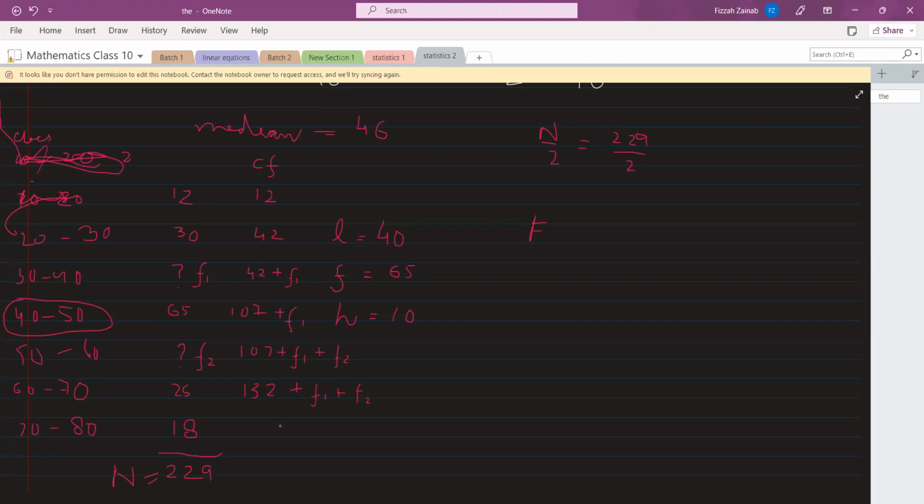So it will be 8 and 2, 10, carry 1, 4, so it will become 5. So 150 plus F1 plus F2, right?